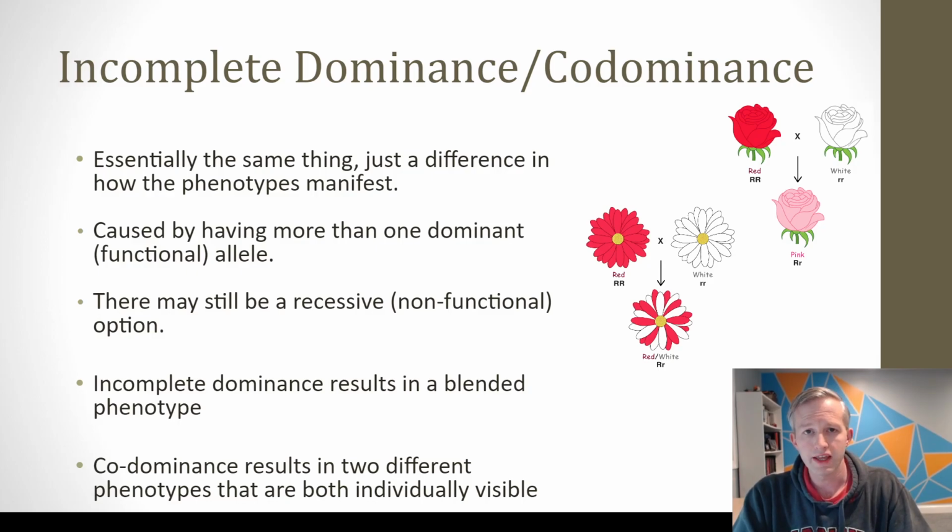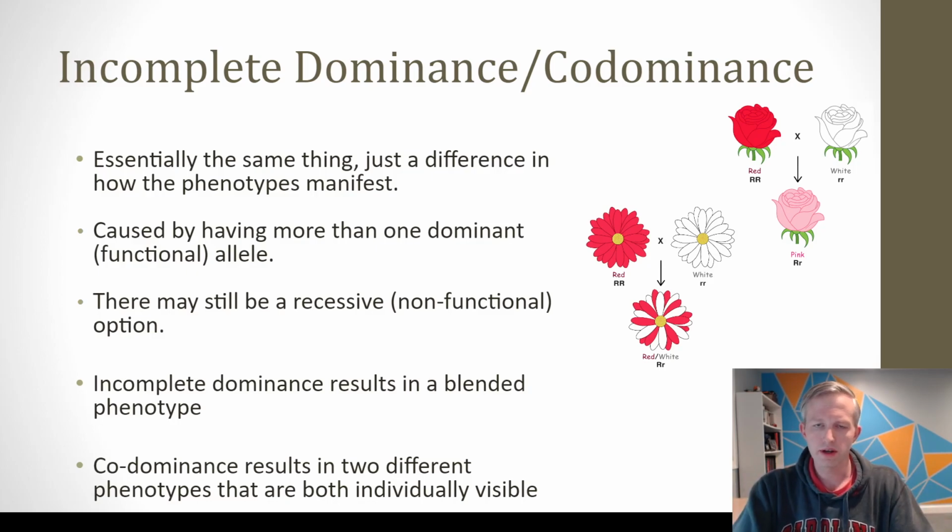The only difference between incomplete dominance and codominance is what the phenotype ends up being. In the case of incomplete dominance, we see a blended effect. That example would be like the pink flowers here. If you have an allele that codes for red and another version of that gene that codes for white, then we would see pink.